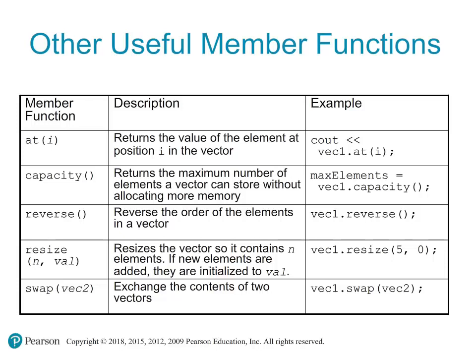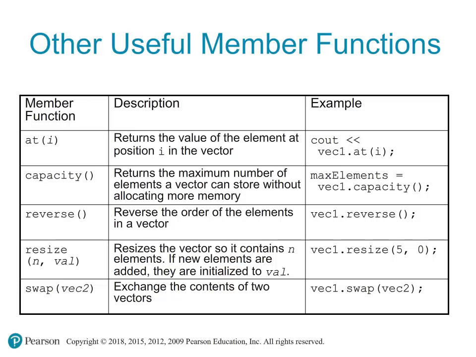The reverse member function reverses the order of the elements in a vector. Resize n and val resizes the vector so it contains n elements. If new elements are added, they are initialized to val.